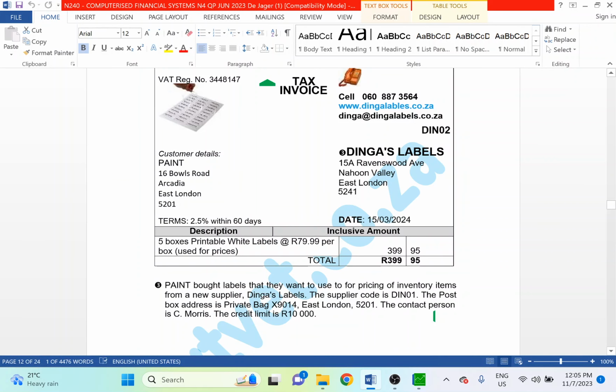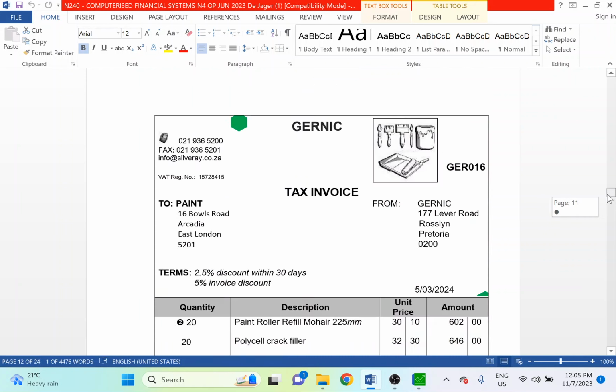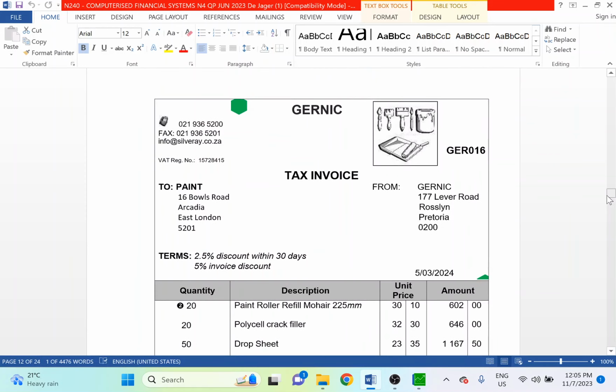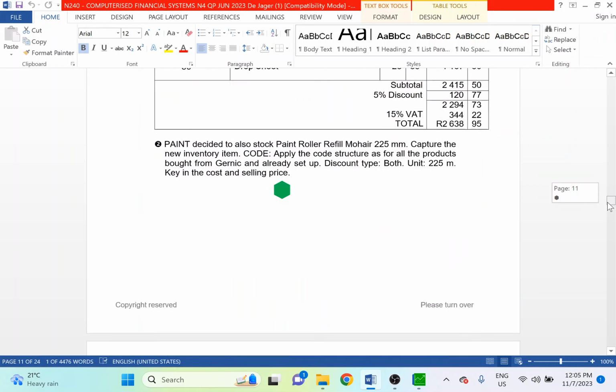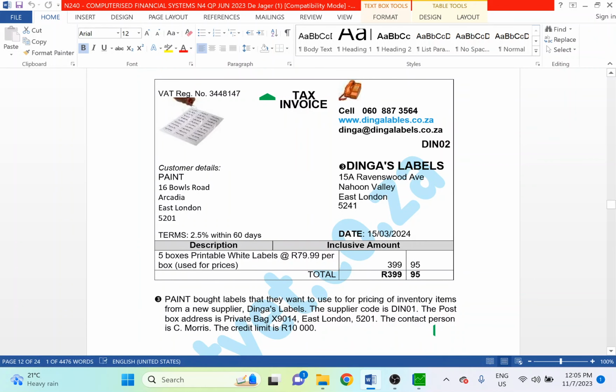Now physical address, no need to copy and paste. Physical address, it's given. Our address, it's 16 Bowles Road. You can see it from Genic, same address. So this is our address, and then this is the supplier's address.